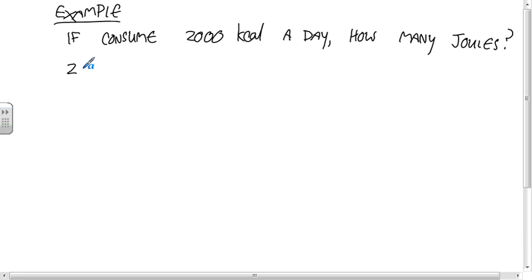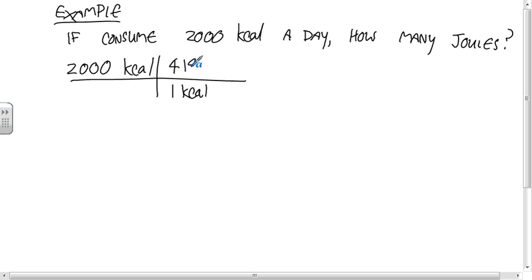We're just going to do this conversion: 2,000 kilocalories, where 1 kilocalorie is 4186 joules, and you get a value of 8.372 times 10 to the 6th joules, so 8 million joules.